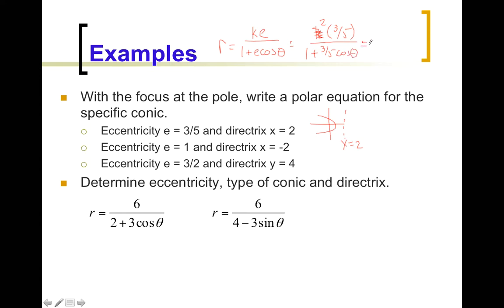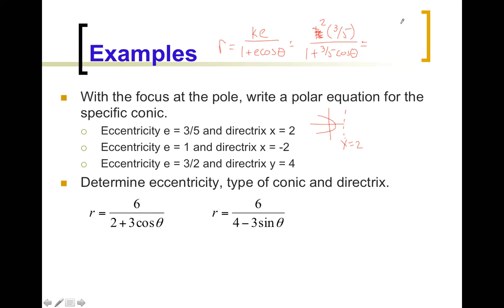And I don't like fractions inside fractions or decimals inside fractions. So I can multiply top and bottom by 5 in order to cancel these 5s out. 2 times 3 times 5 divided by 5, the 5s are going to cancel.